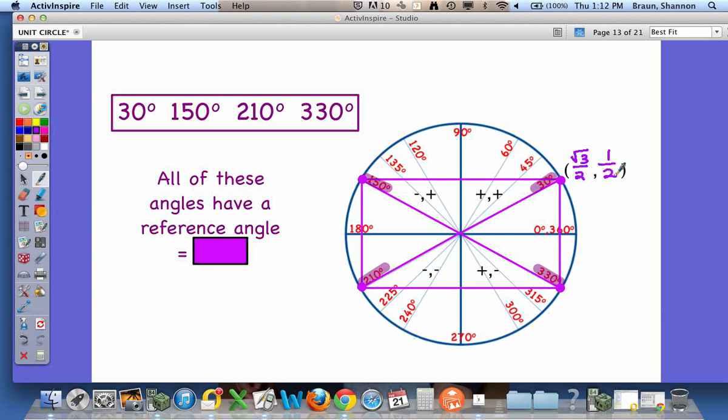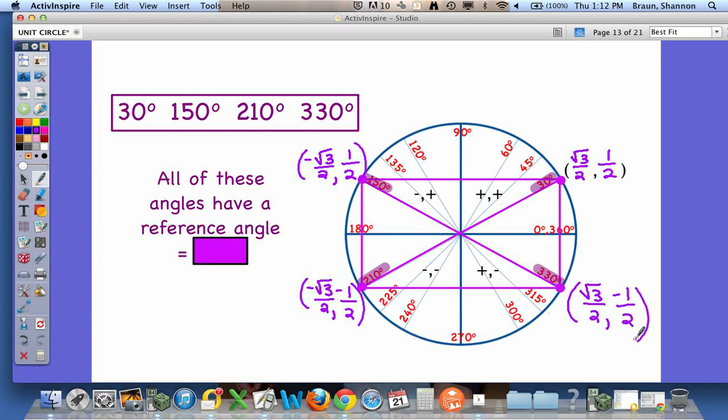But what's true about x and y in quadrant 2? x is negative, so it's going to be negative radical 3 over 2, positive 1/2. Okay, quadrant 3, both are negative, so negative radical 3 over 2, negative 1/2. And quadrant 4, x is positive, so positive radical 3 over 2, negative 1/2.